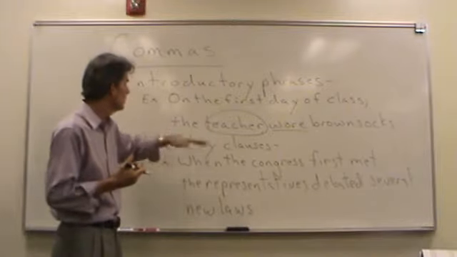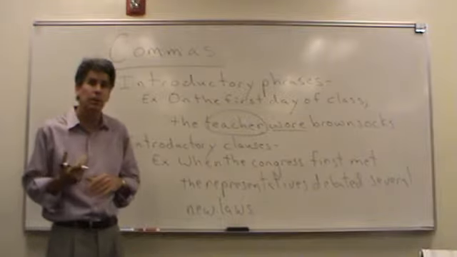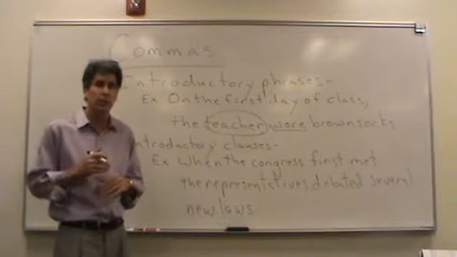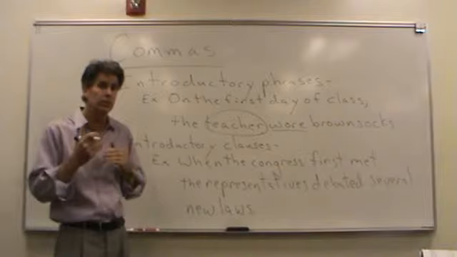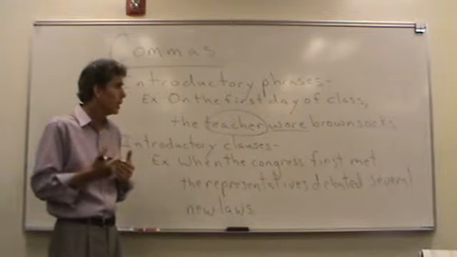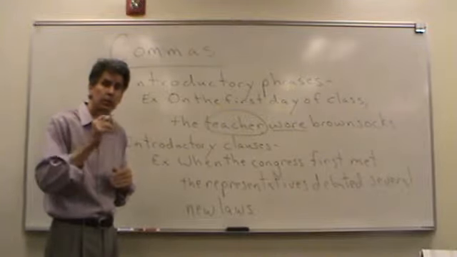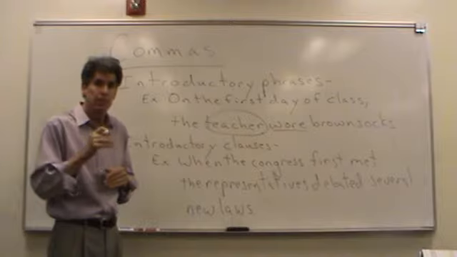So in the next one, the introductory clause, these are when you have a dependent clause at the front of the sentence. At the front of the sentence, not at the end. And once again, it's for that reason, to flag the subject and verb of the independent clause.